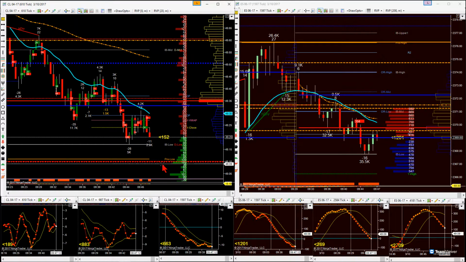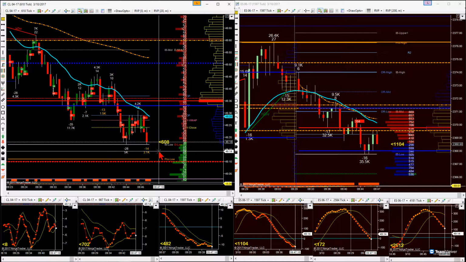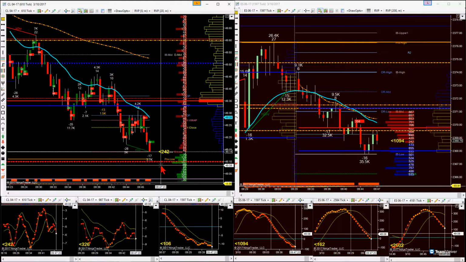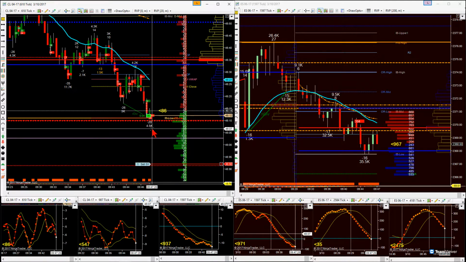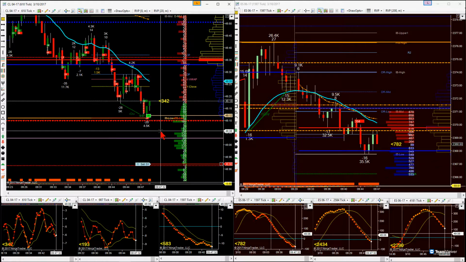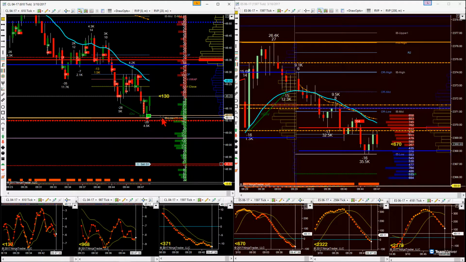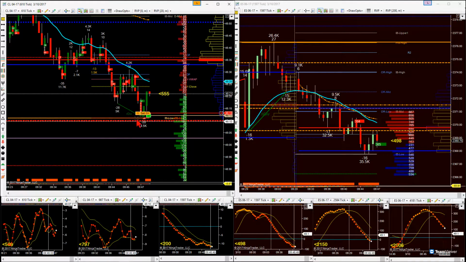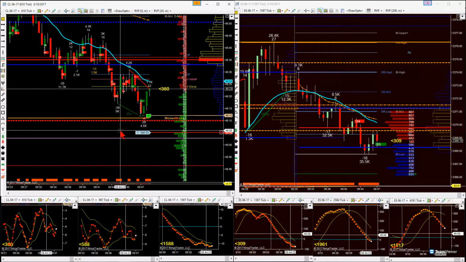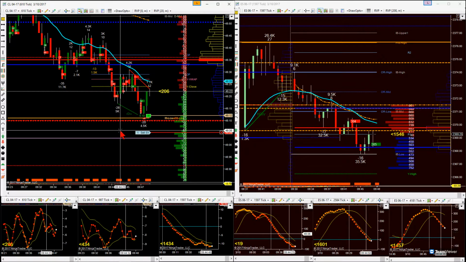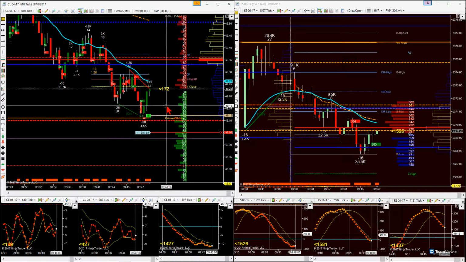Positive divergence getting near a level that matters. I'm taking one. That was just a trade off the level with positive divergence.